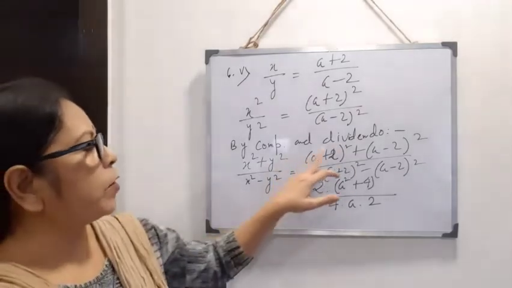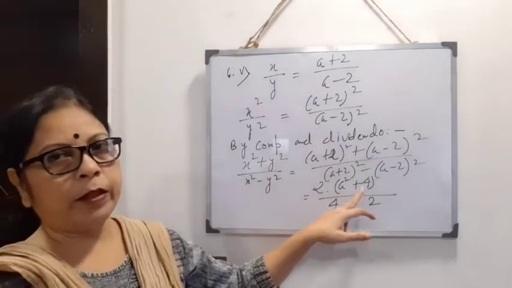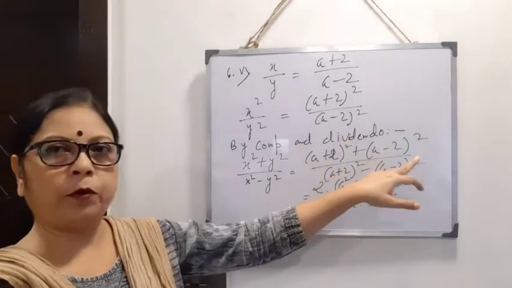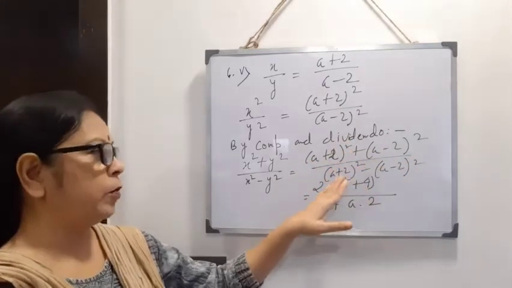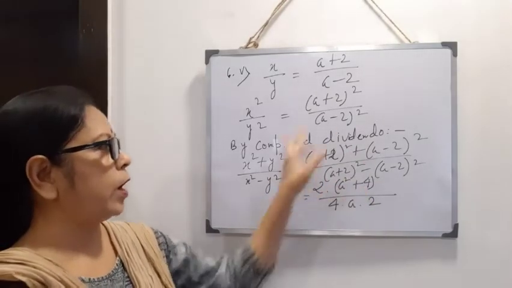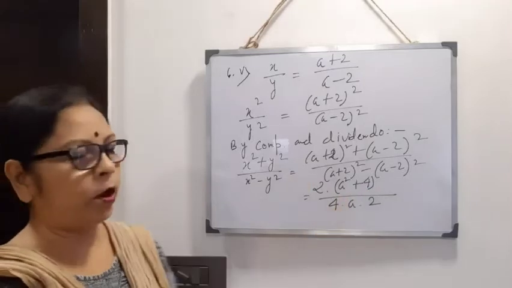See, if you can't write this formula directly, you can just open your bracket in the form of (a plus b) whole square plus (a minus b) whole square. That is also something you can do. But many times I have used this formula in your class, so I have directly applied it here.